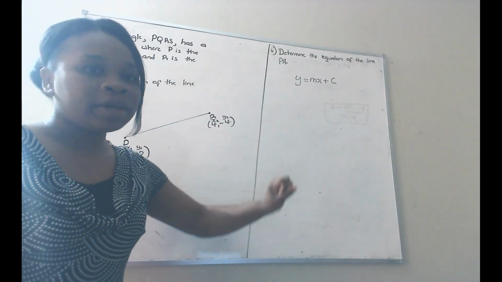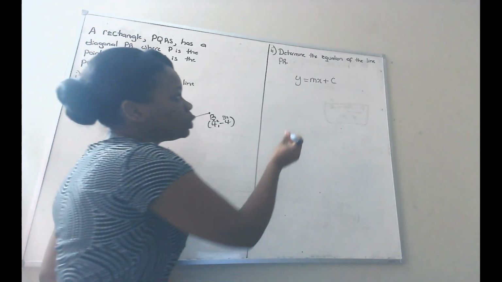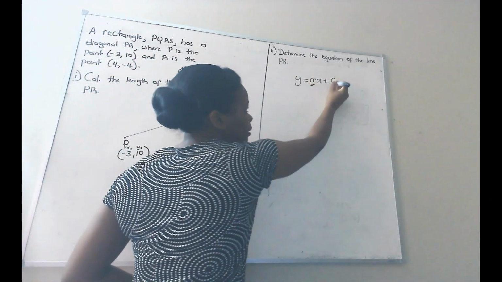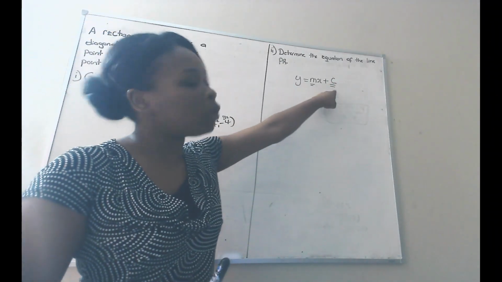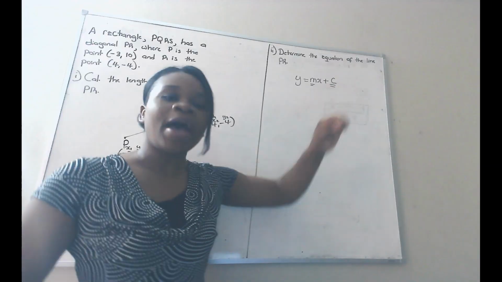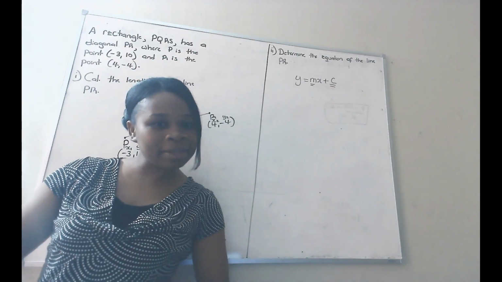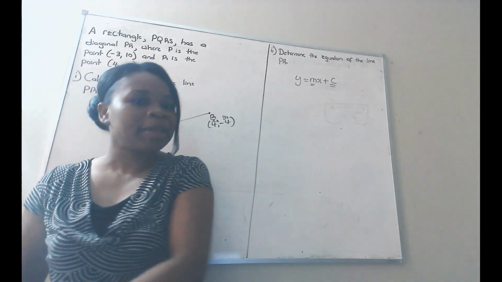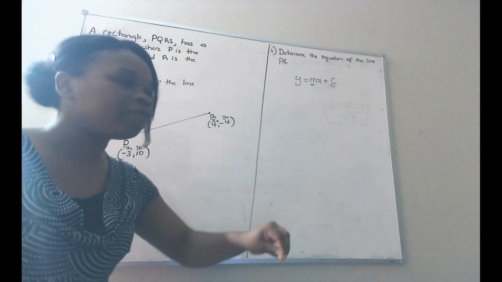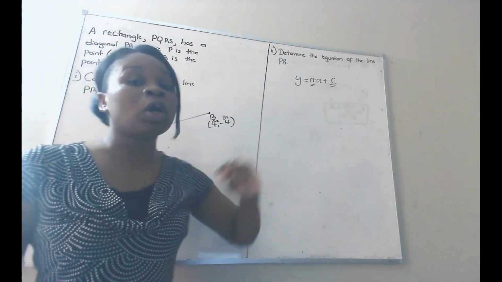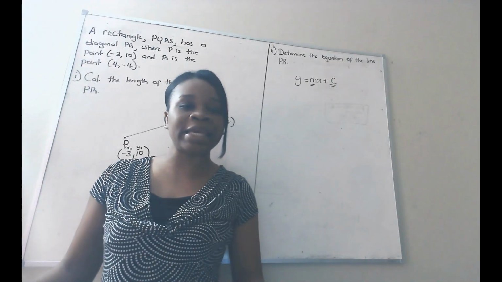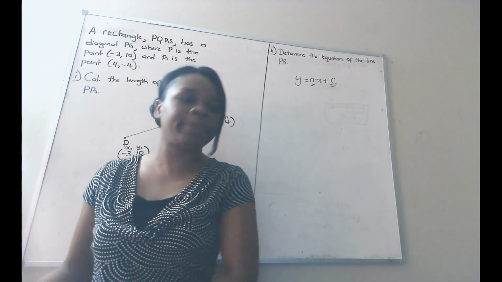Now, what you're going to do is you need to find two things in this equation. You need to find m and you also need to find c. And once we find what m is and what c is, then we're going to plug in those values into this equation. So m is our gradient and c is the y-intercept.